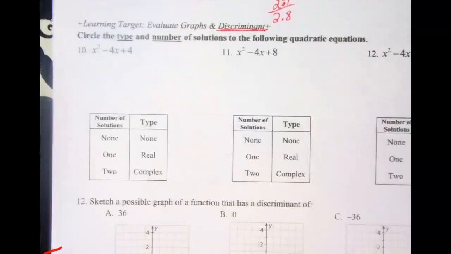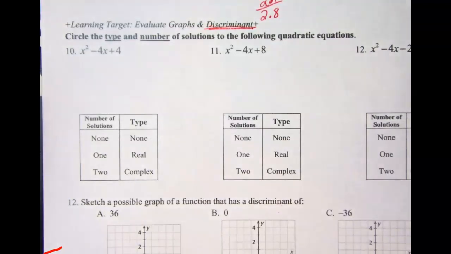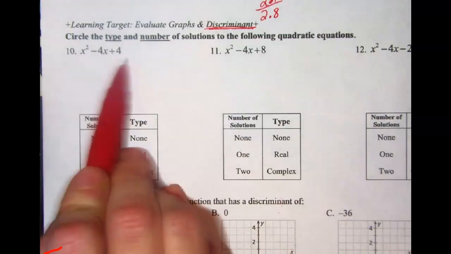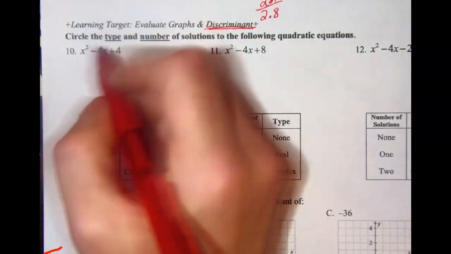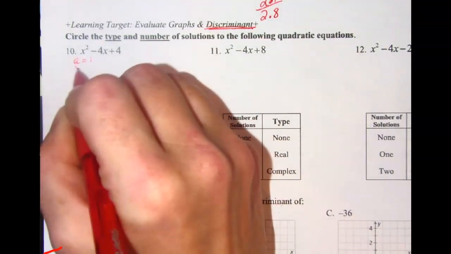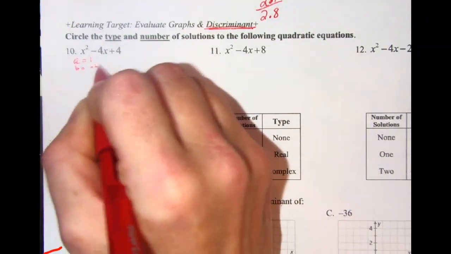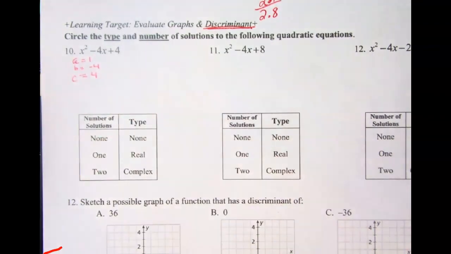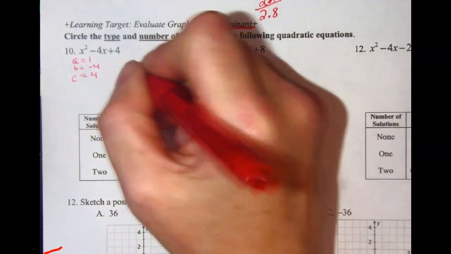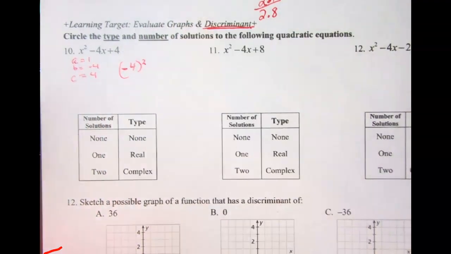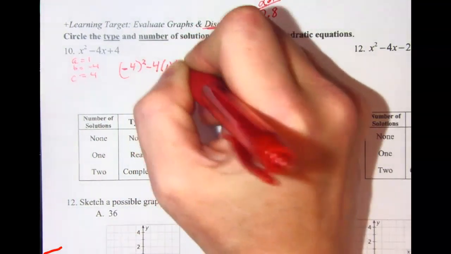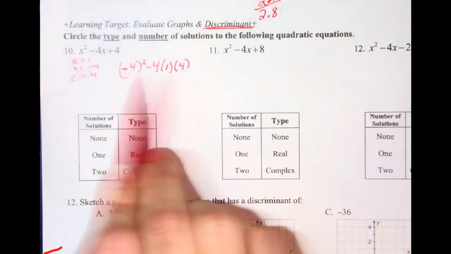So looking at this, checking the type. It's really easy when it's in standard form when we look at this and we do the discriminant, okay? We just plug that discriminant in. So A equals 1, B equals -4, and C equals 4. So when we plug that in, we end up with -4 squared minus 4 times A times C. Remember, this is the discriminant.